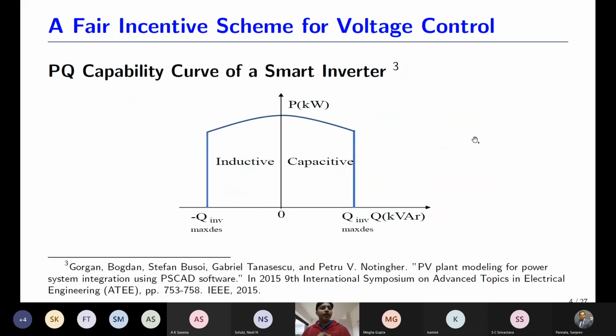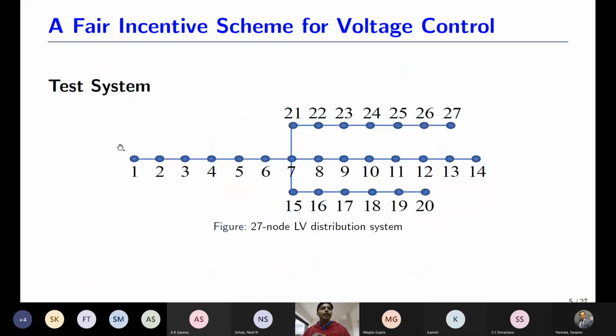So this is a simple test system for the analysis. Suppose number one is a distribution transformer, and these are the nodes where load demand and solar inverters are connected. Suppose the solar generation is high and there is a reverse power flow from 27 to 1, or 14 to 1. During such reverse power flow there may be a high voltage rise scenario.